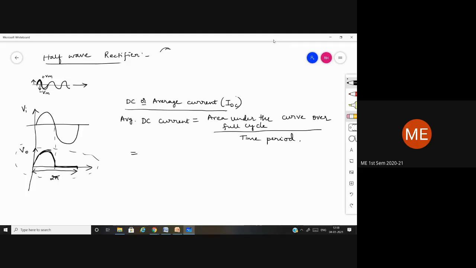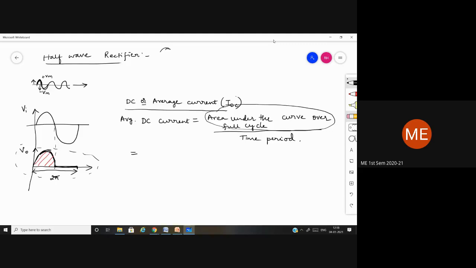But the area under the curve over the full cycle means we have the curve only for this much duration, so you need to consider only this area. Can I consider anything here? We cannot, because there is no curve. It is completely zero.